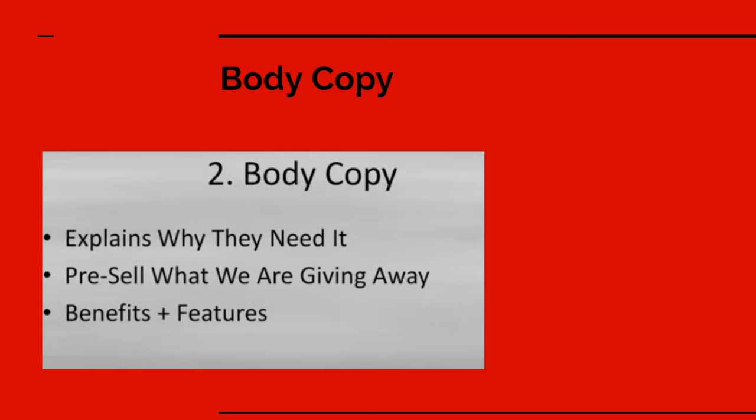I mentioned this before: it should pre-sell what we are giving away. Pre-selling means giving them the true information. It should indicate the benefits for sure, and in some cases, it can also indicate some features as well.